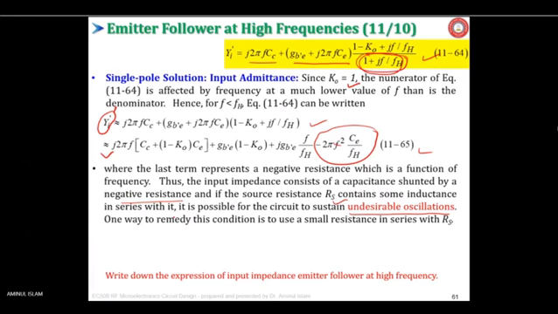So at a higher frequency, some problem is going to occur. One way to remedy this condition is to use a small resistance in series with Rs, so that these oscillations can be avoided.